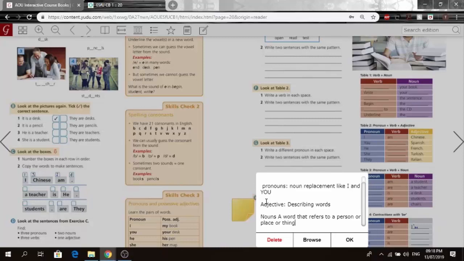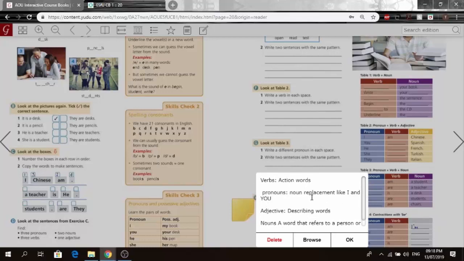So for example, Mike, Steve, Jason, Ahmed, all these names, Jeddah, Riyadh, Cairo, all these are nouns, okay? We also have adjectives, describing words, and pronouns, like I said, noun replacement.